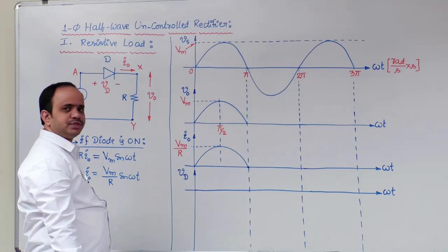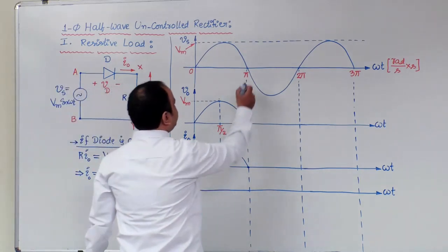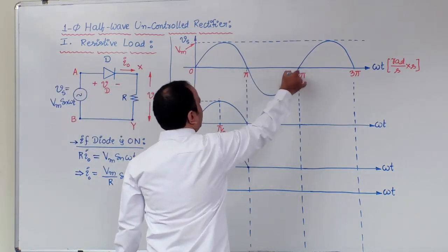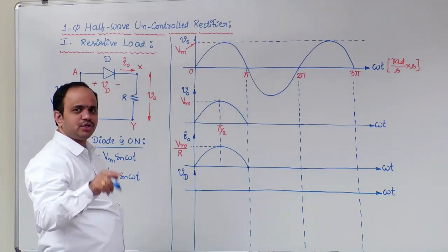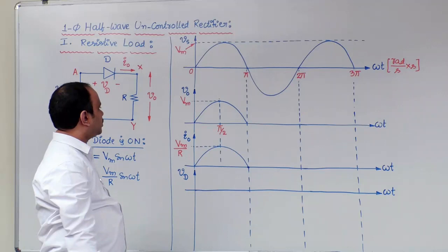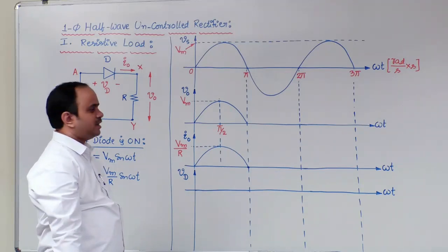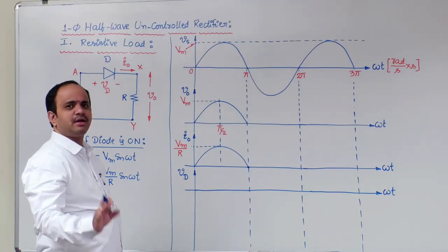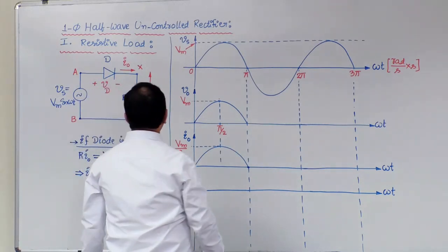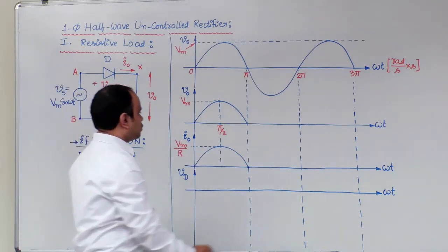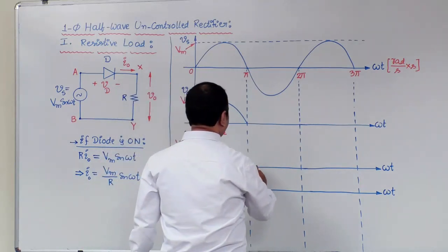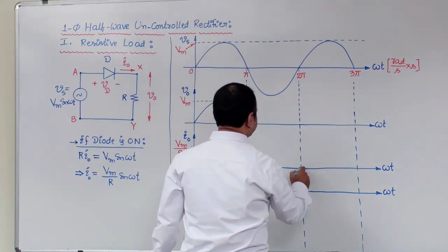Then what is the conclusion here? Just after pi, the source voltage has its negative half cycle, and at pi the diode current has a zero crossing. Therefore, we can safely consider the diode to be turned off. Then the diode can be replaced with an open switch. So the current flowing through that open circuit will be 0.